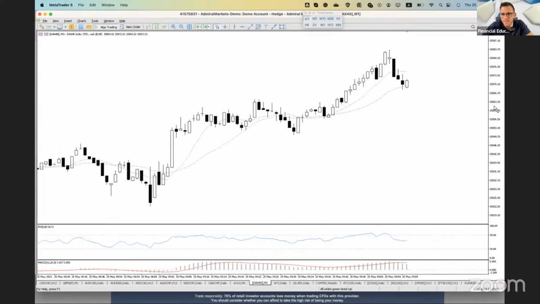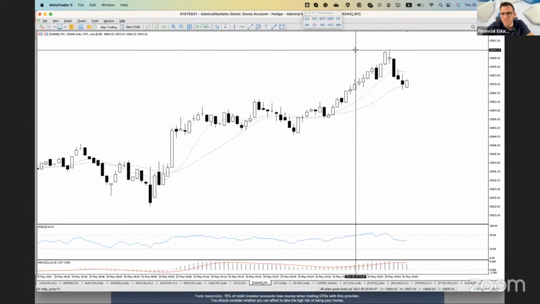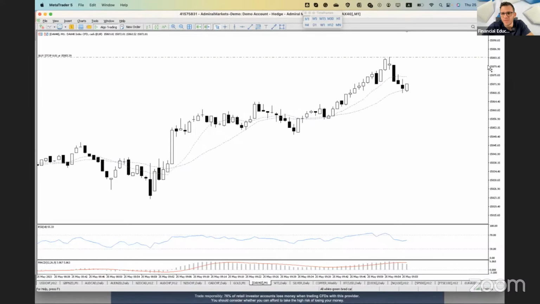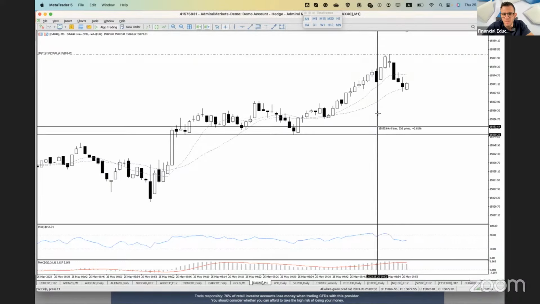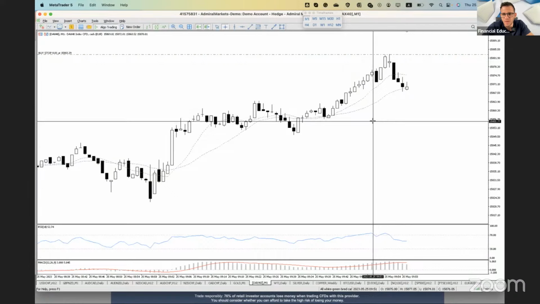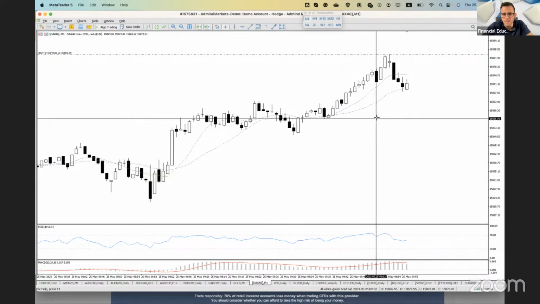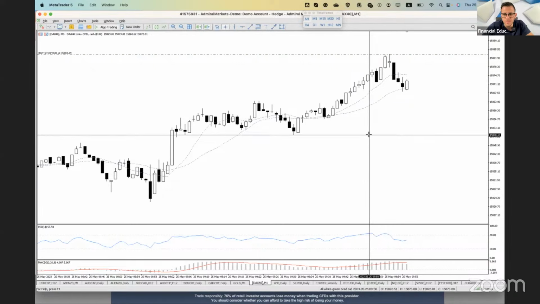Let's check the DAX. I'll put a buy stop on the DAX. Guys, here it's my first buy stop order on the DAX. If we're going to keep pressing lower, I will put a sell stop below here. Actually below there.